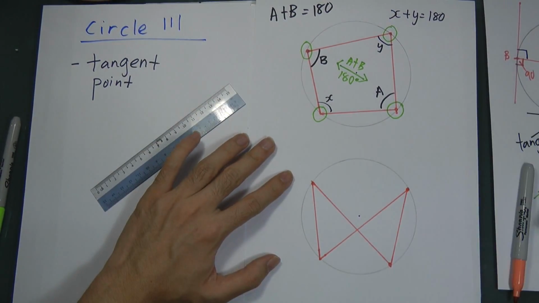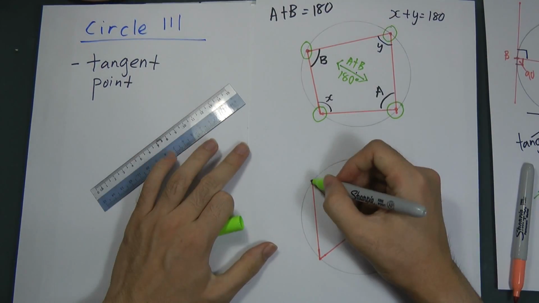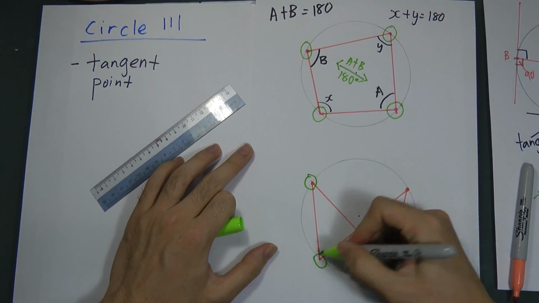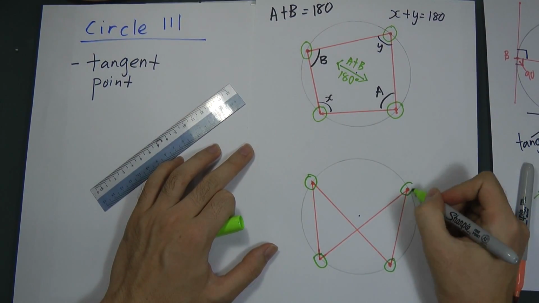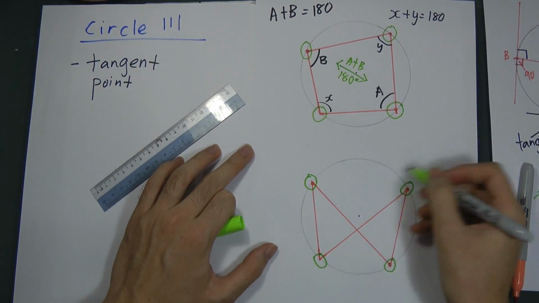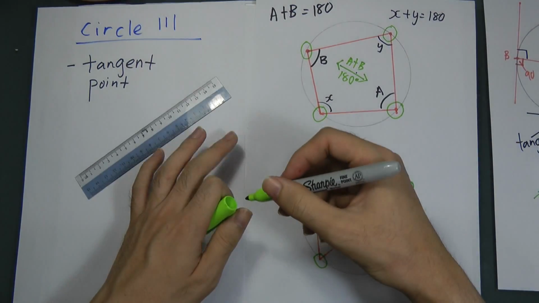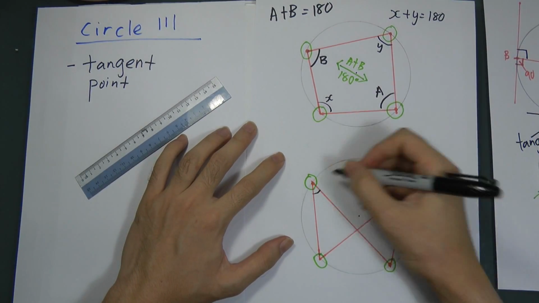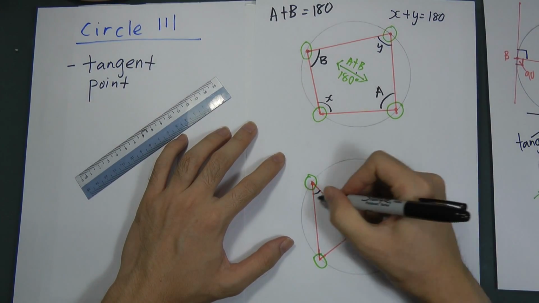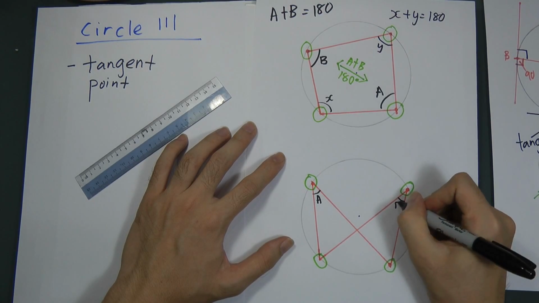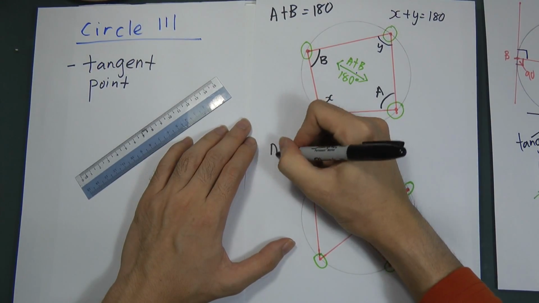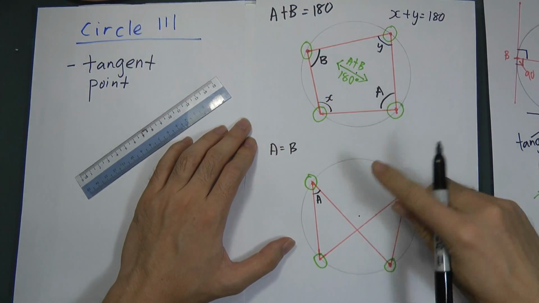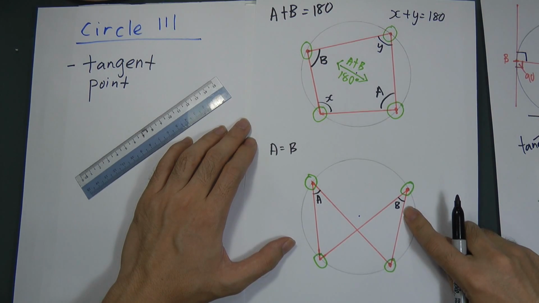Again, you have to make sure all the points connected touch the circle. Then only you can apply this law: angle A will be the same as angle B. So if this is 50, this one is 50.